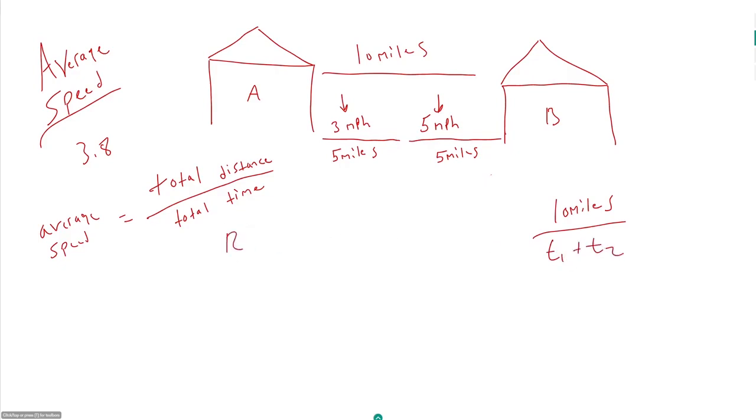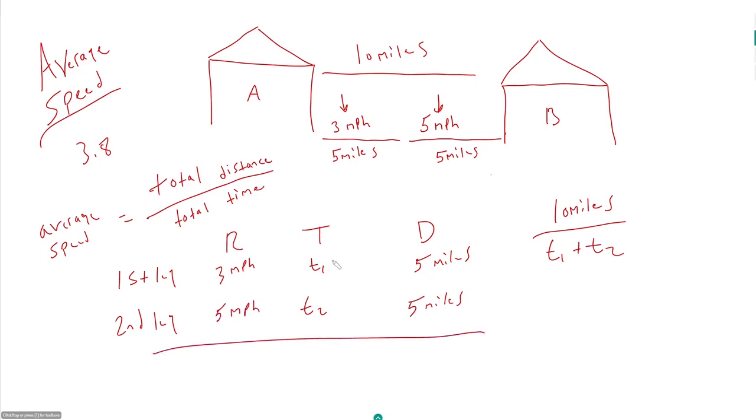To do that, we can just organize the information in a table like we have been. Up here we have the first leg of his trip and the second leg of his trip. Each of our 2 legs are 5 miles. And here's our T1, here's our T2. For the first leg of his trip, his rate is 3 miles per hour. For the second leg, it is 5 miles per hour.